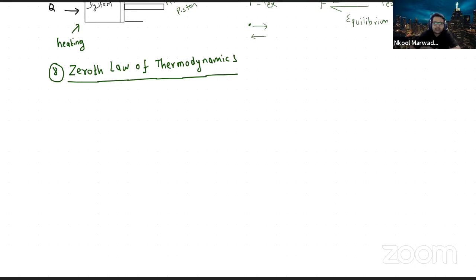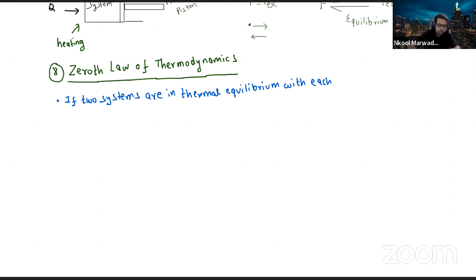According to the zeroth law of thermodynamics, if two systems are in thermal equilibrium with each other, or with a third system, so if two systems are in thermal equilibrium with a third system, and what it means, we will look at it.